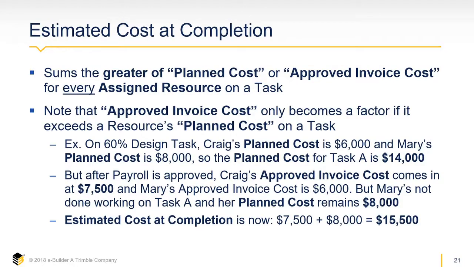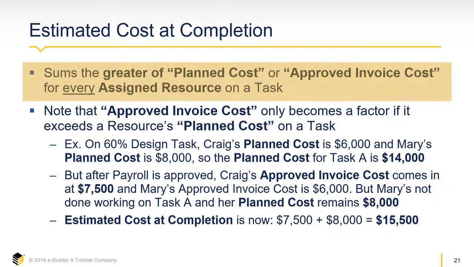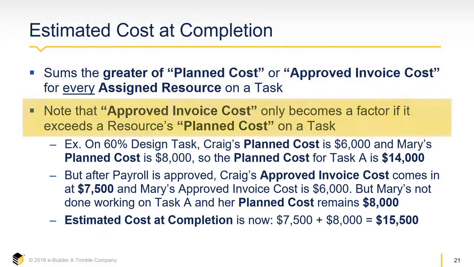Next, we're going to talk about estimated cost at completion. What that column represents, it's the sum of the greater of the planned costs or approved invoice costs for every assigned resource on a task. Note that this approved invoice costs component only becomes a factor when it exceeds the resource's planned costs for a task.